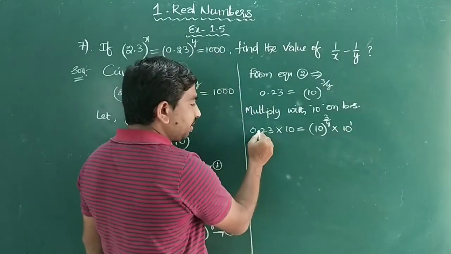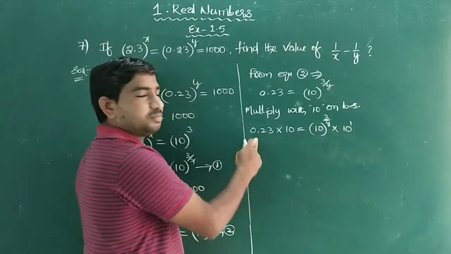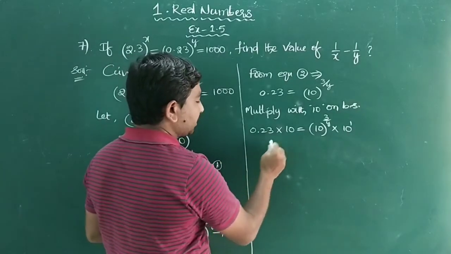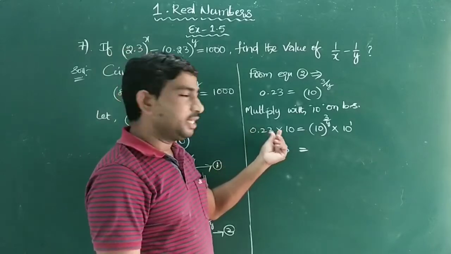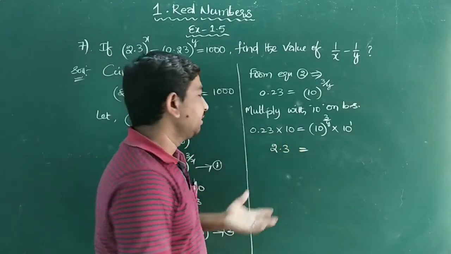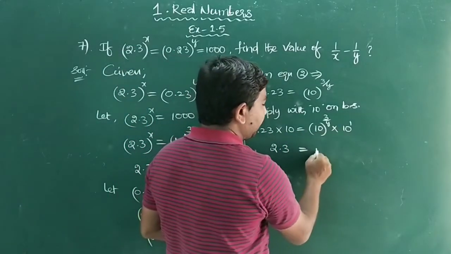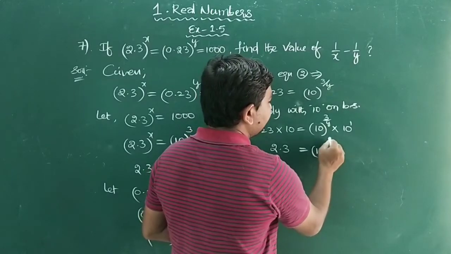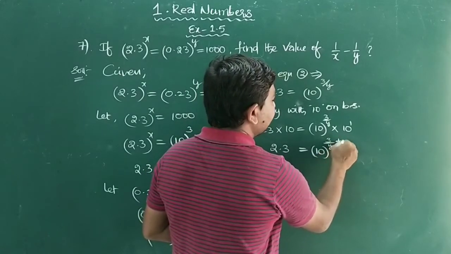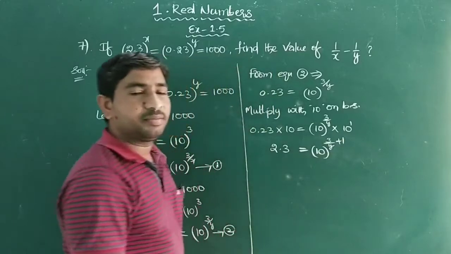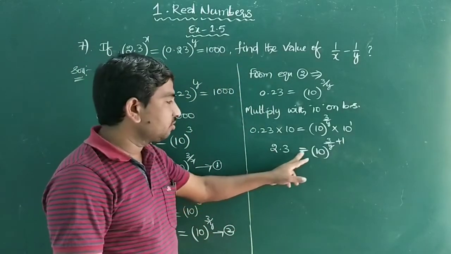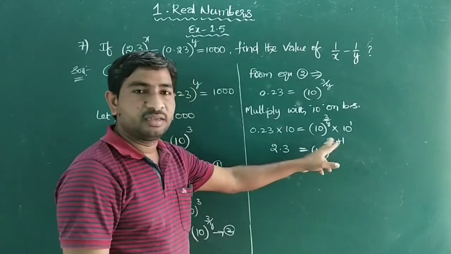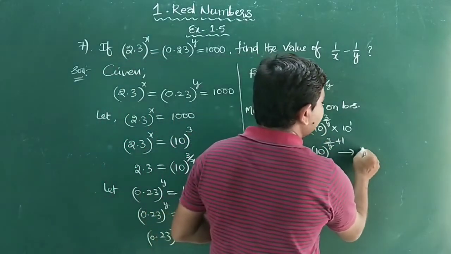Here the decimal point moves one step forward, so 0.23 into 10 is 2.3. Now this is your base, so the powers should be added: 10 to the power of 3 by y plus 1. So 2.3 is equal to 10 to the power of 3 by y plus 1. Let this be equation 3.